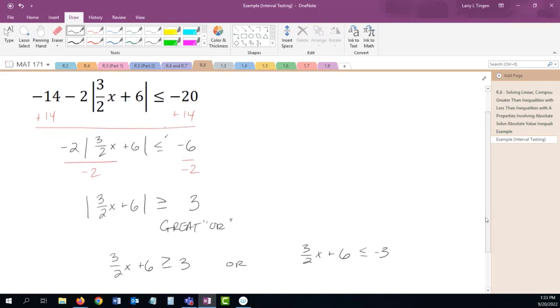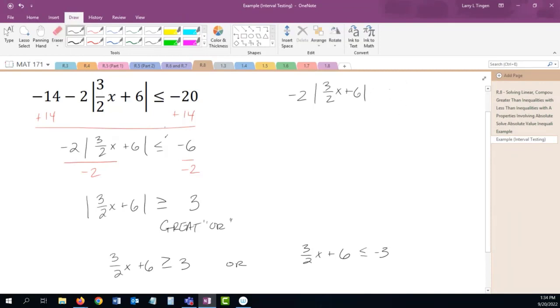The -14, so that's -14 minus the term with the absolute value in it. You could write the problem as 3/2 x plus 6, and this is minus 14, or plus -14. There's a -14 on that side.